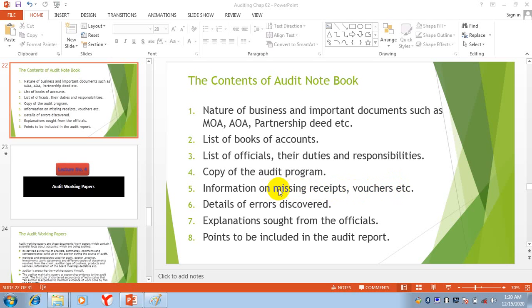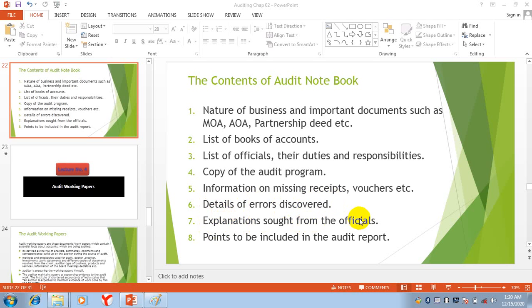Details of errors discovered: whatever errors we discover on a daily basis, we record in the notebook that we discovered this error, this mistake.